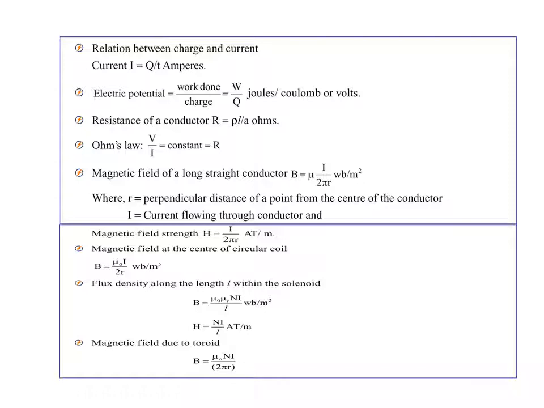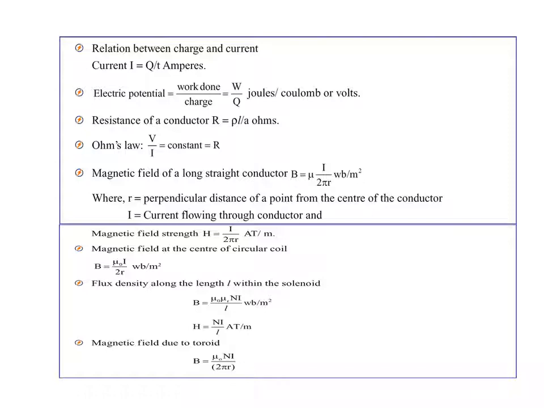Electric potential is the work done per unit charge, that is volts or joules per coulomb. Resistance of conductor R is denoted by ohms, and the formula is rho L by A. Ohm's law is given by R equals voltage divided by current.